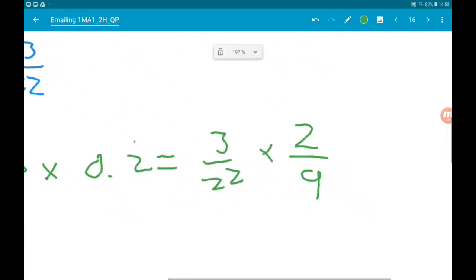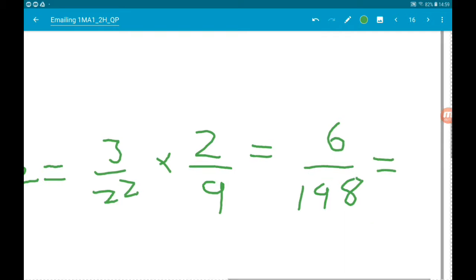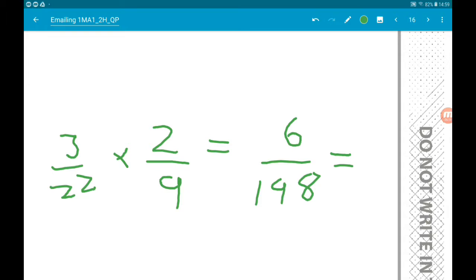So that gives us 6 over 198. Now there's a common factor there of 6, but again put it in a calculator and you will indeed get 1 over 33. Boom.